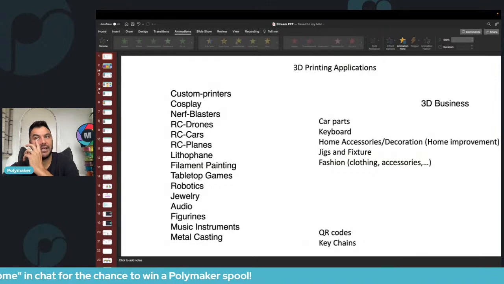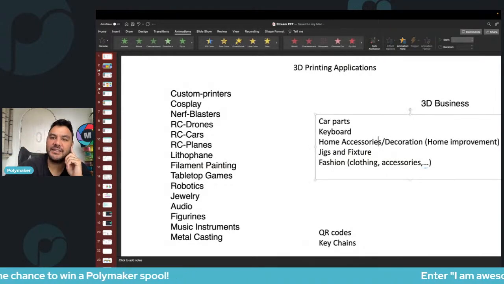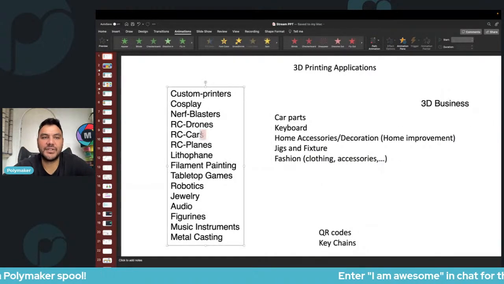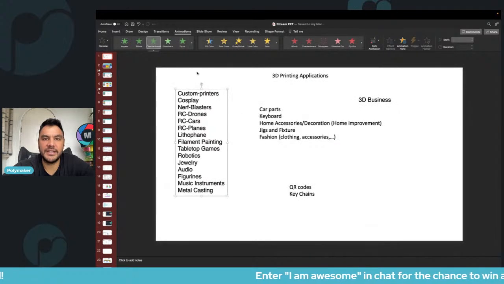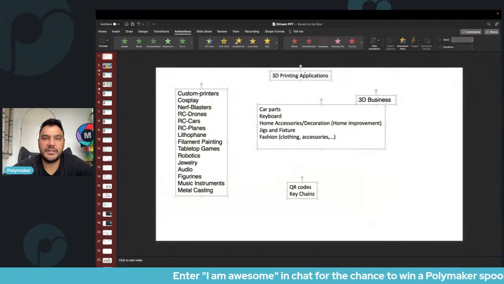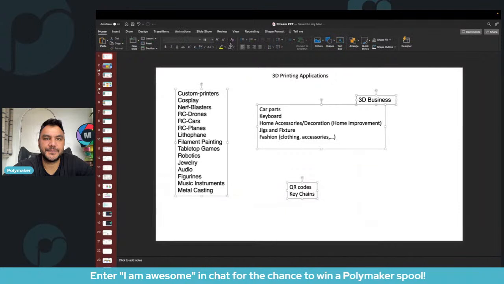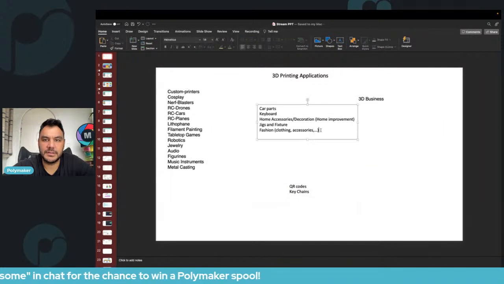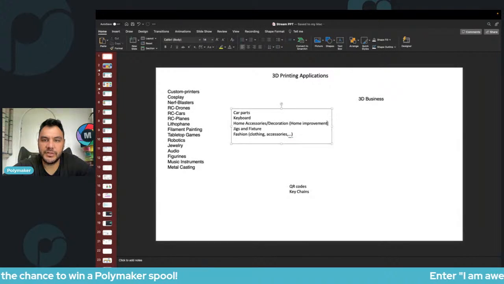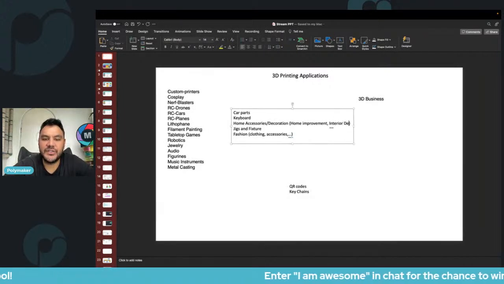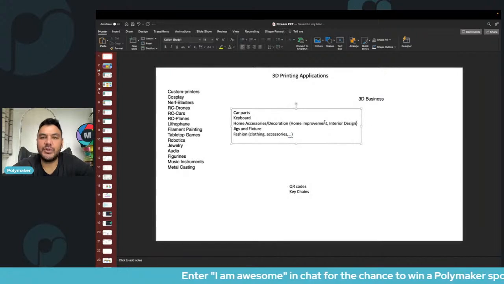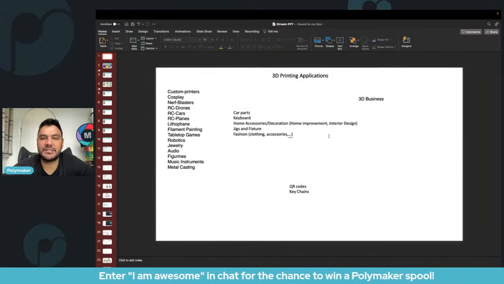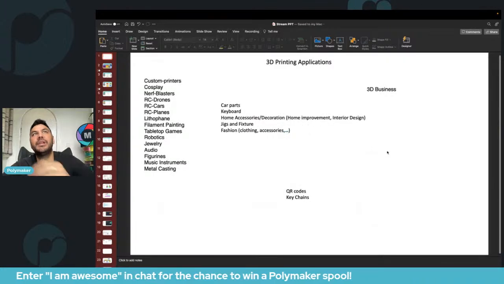Keychain. Interior design. I think that's along the same line. Because you start to have a lot of ideas for home improvement or interior design, then that would be separated from accessories, right? But we'll come back to this.